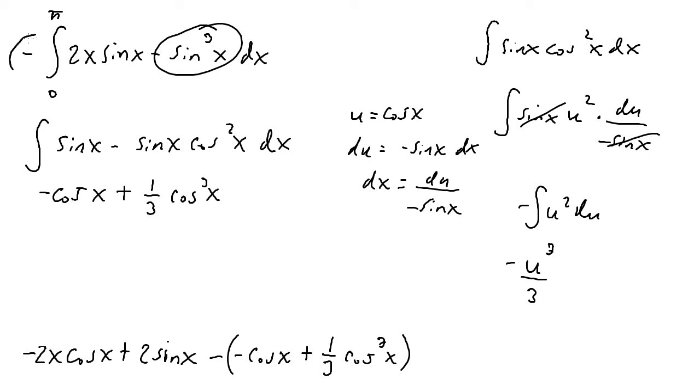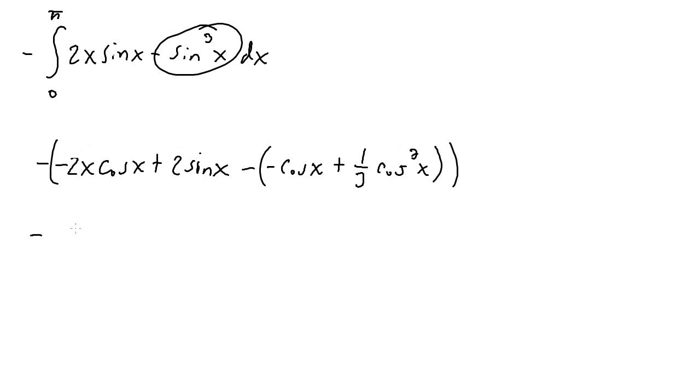Now don't forget, we do have a negative outside the integral. We're going to put another negative there. So now if I go ahead and simplify, we get negative 2x cosine x plus 2 times sine of x, minus a negative will be plus cosine x, and then minus 1/3 cosine cubed of x.